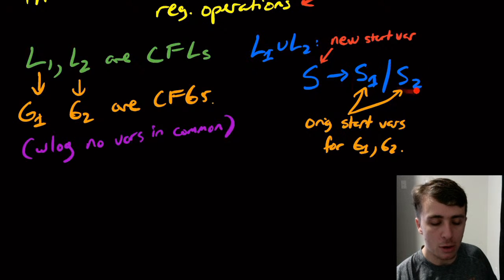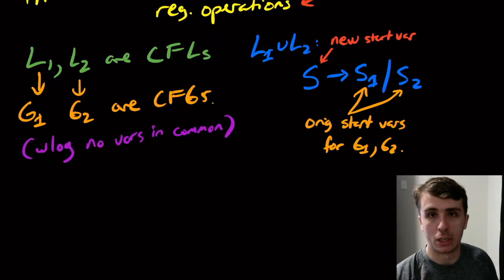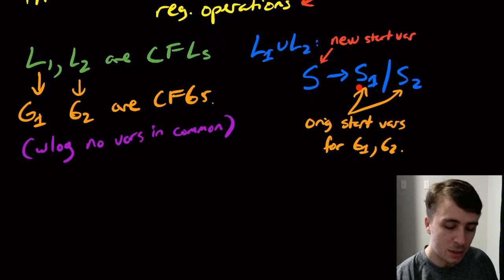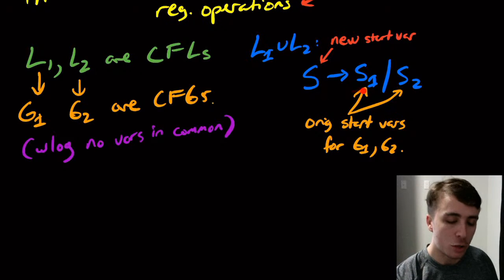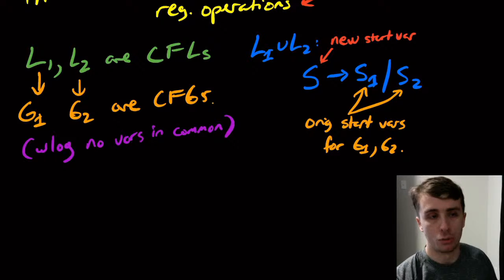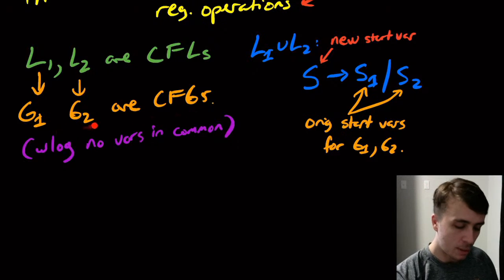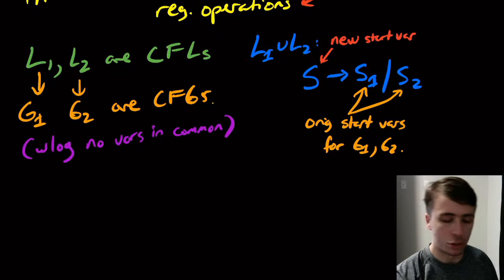I can choose whether or not to do one of these two. There's not a forced decision here. So that tells us, one, that context-free grammars are non-deterministic things, and two, that we can get union because we can non-deterministically choose which of these two to use. All right, so that shows that context-free languages are closed under union.